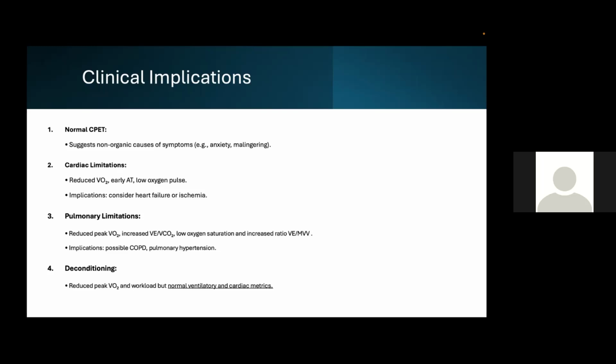Either a normal CPET, which suggests there are non-organic causes, maybe anxiety, or cardiac limitation. Usually cardiac limitation will have, of course, reduced VO2, early anaerobic threshold and low oxygen pulse. Pulmonary limitation will also have reduced peak VO2, increased slope of VE to VCO2, low oxygen saturation and increased ratio of minute ventilation to the maximum voluntary ventilation.